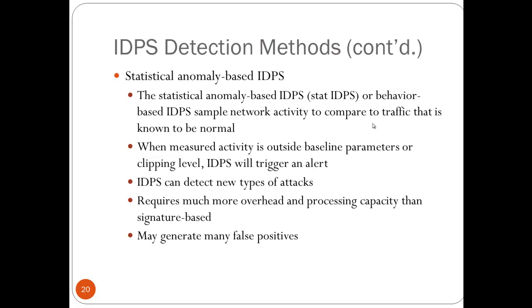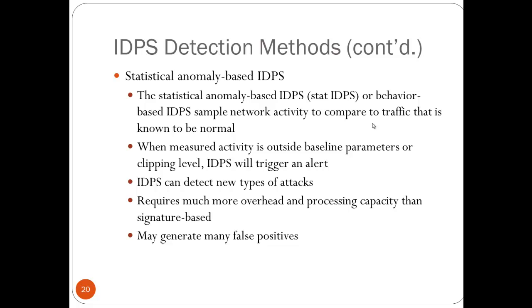And the other type I mentioned was the statistical anomaly-based intrusion detection and prevention system. Here it's more of a behavior-based system which periodically samples network activity, and using statistical modeling compares the sampled network activity to traffic that is known to be normal.